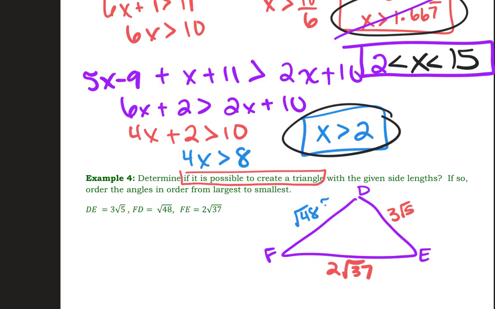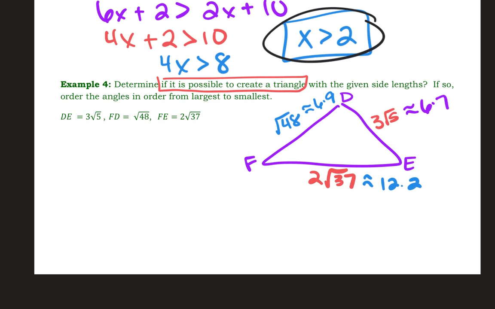What about 2 square root of 37? 12.2. All right, and what about 3 square root of 5? 6.7.